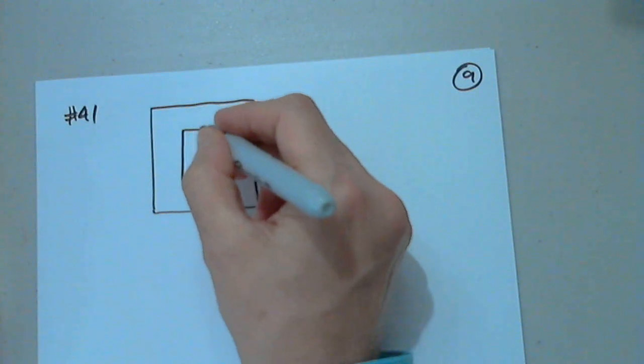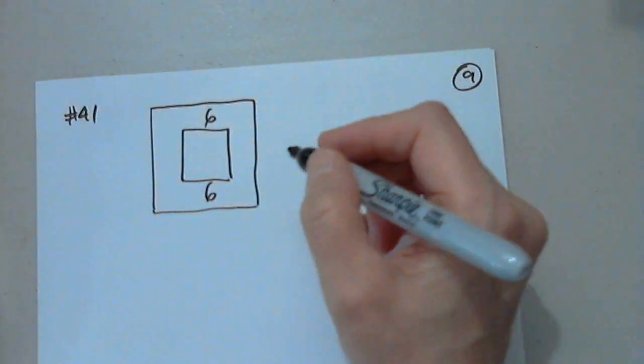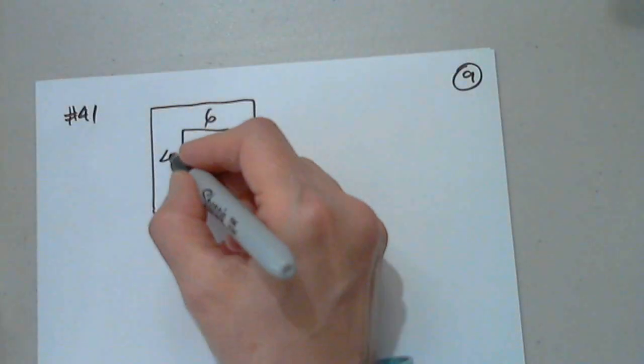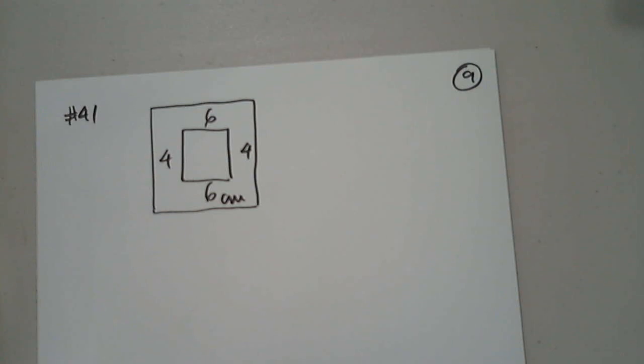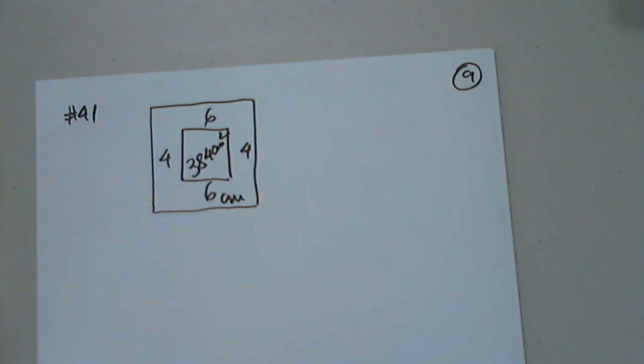Here's the poster, and here's the printed area, and we have 6 and 6 here, in centimeters. And the side margins are 4 and 4. If the area of the printed material on the poster is fixed at 384 centimeters squared, find the dimensions of the poster with the smallest area.